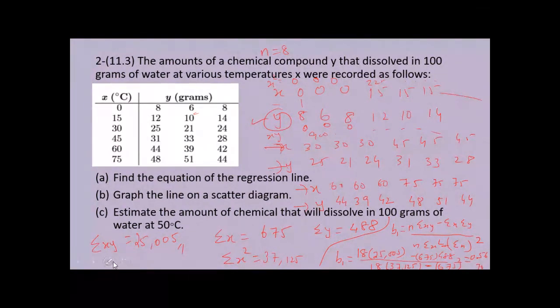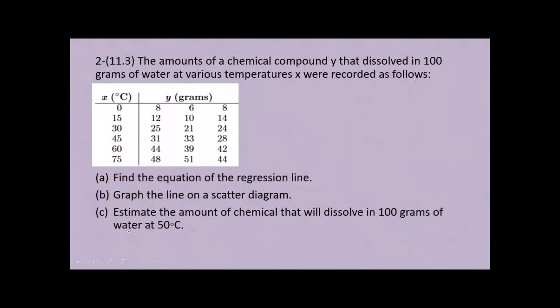So now I erase this table. B1 is 0.5676. The formula for B0 is summation y minus B1 times summation x, divided by n. Summation y from the table was 488 minus B1, 0.5676, times summation x from the table, 675, divided by 18.